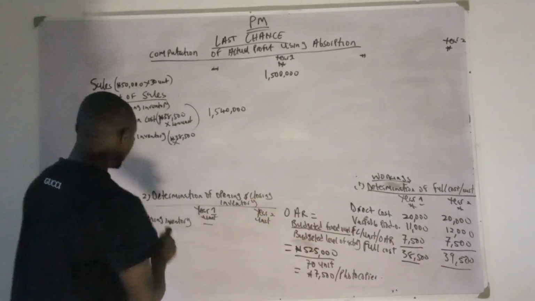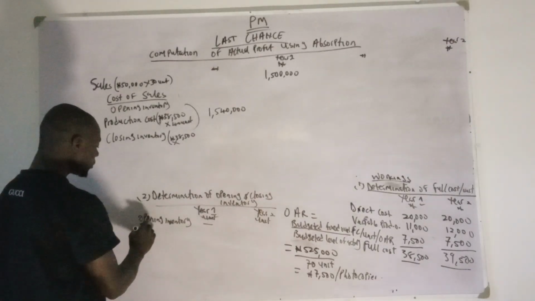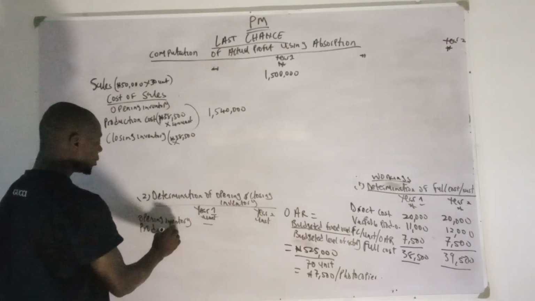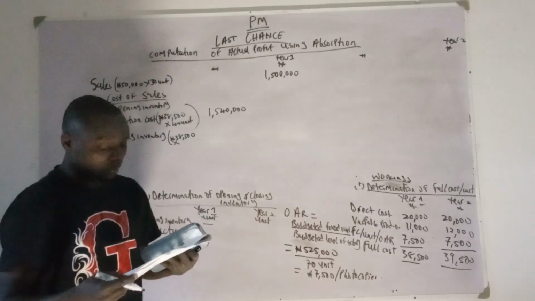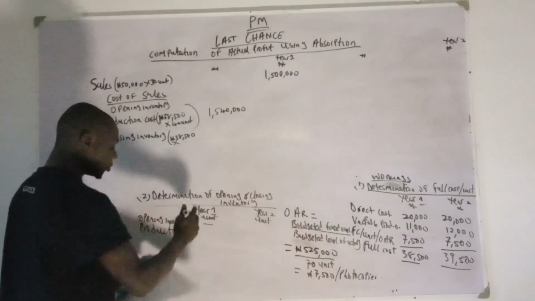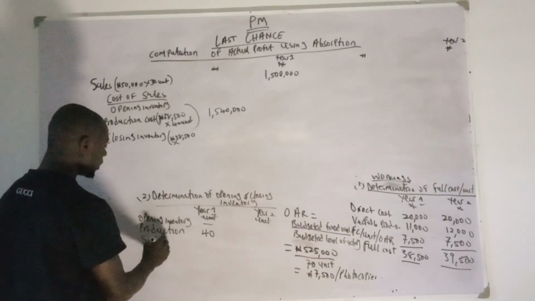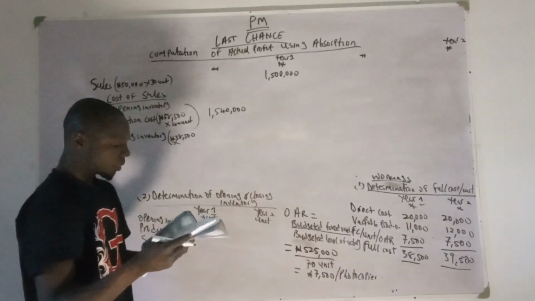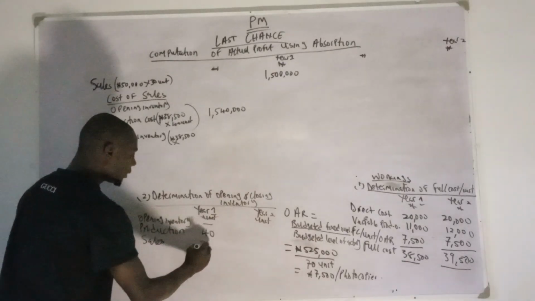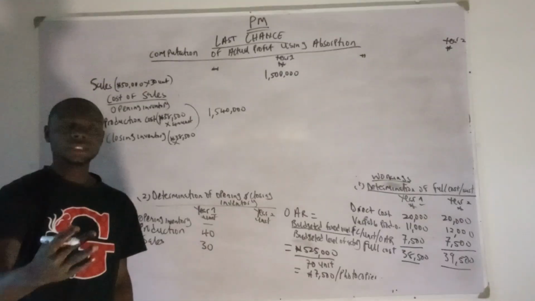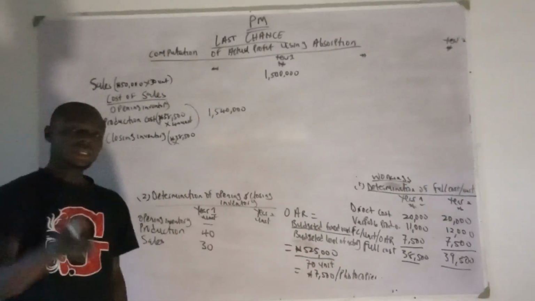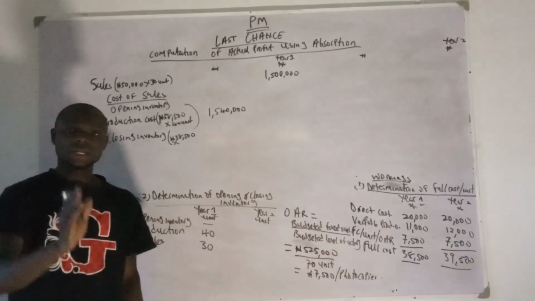Now, production, what is the production for year one? They produce 40 units. Sales in units is 30. So definitely there is a closing inventory. You produce 40, you sell 30, right?